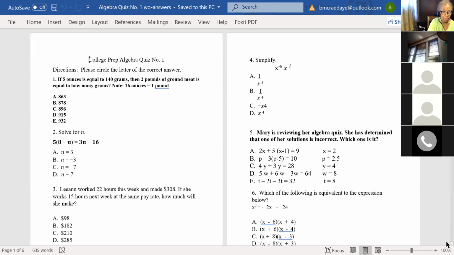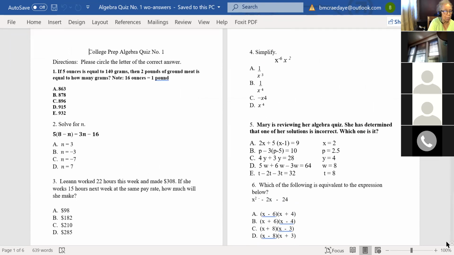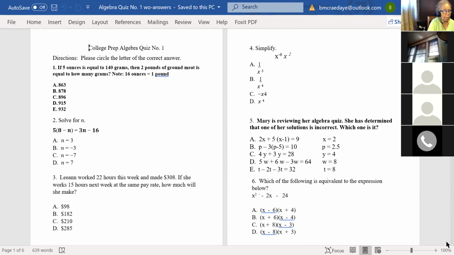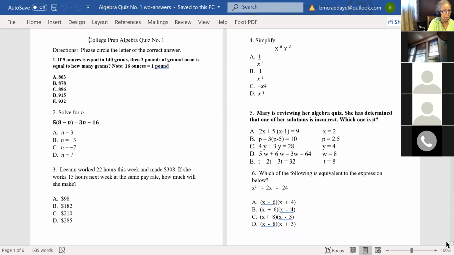So you can boost your score up by trying those extra ones because we add that to what you have. All right. So here's your quiz. You can get started. Any questions on it? You can ask me any questions. Where does the quiz start from, number 2? No, number 1. Here's number 1. You see it? College prep algebra quiz number 1. Does everyone see that? Okay.